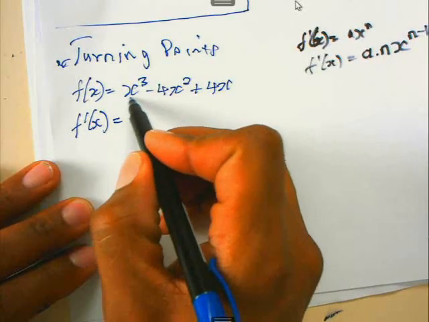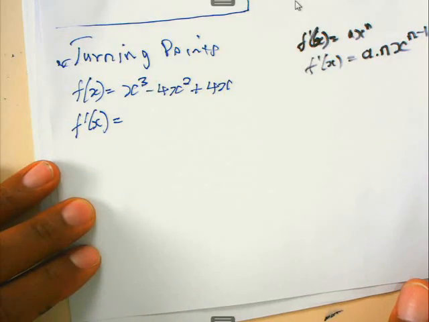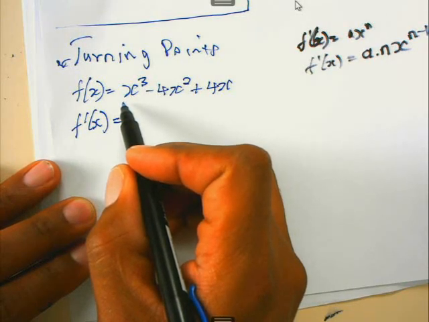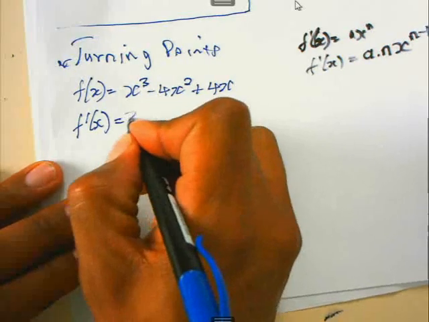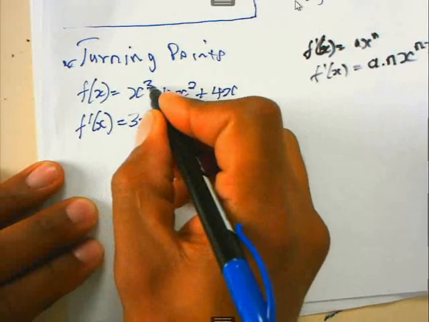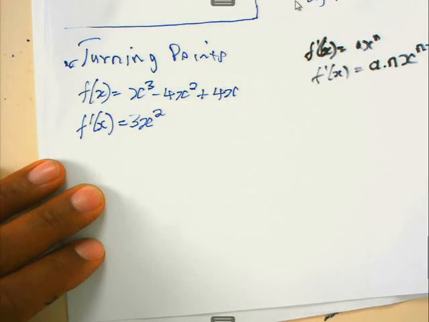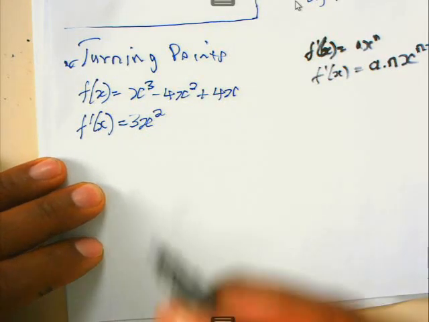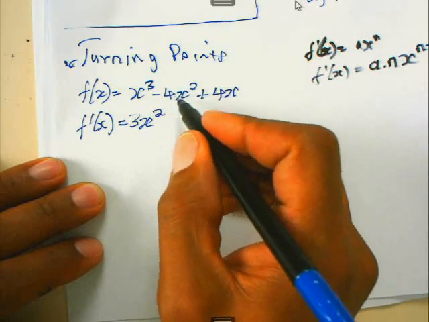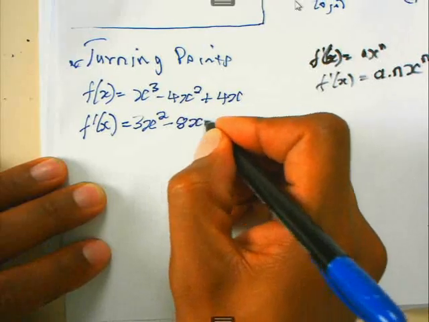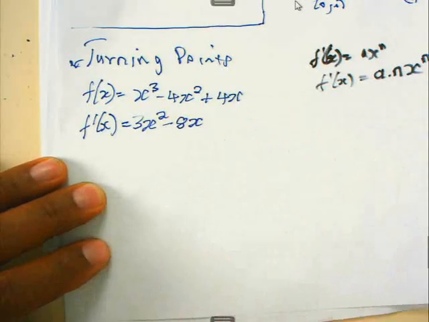Okay, right. What will be the derivative of x to the exponent of 3? Of course, we look at the coefficient. What is the coefficient there? It's 1, right? And now we say 3 times 1, that is 3. And then, of course, from the exponent, minus 1, then you're going to have 2. That is 3x squared. And now from here, 2 times minus 4 is a minus 8, of course, and now 2 minus 1 is only a 1.